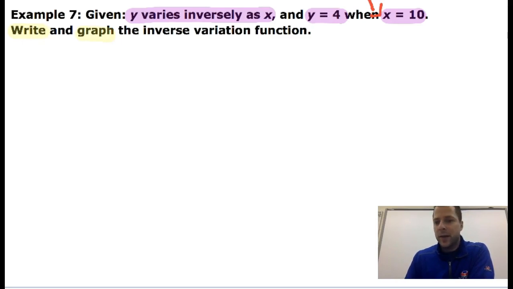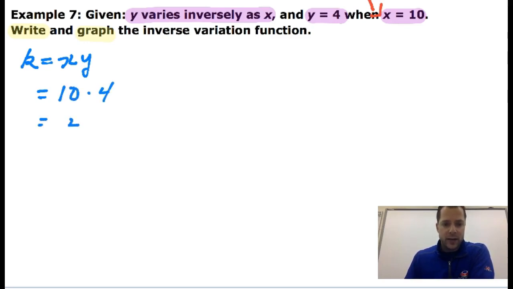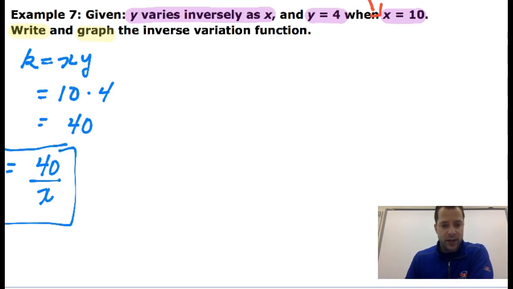So let's look. We know that k is equal to x times y. That is never going to change for inverse variation. So when x is 10 and y is 4, by substitution, k is equal to 40. Therefore our equation is y equals 40 over x. So there's our inverse variation.